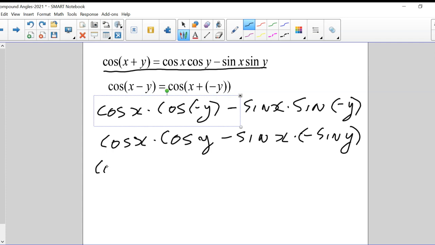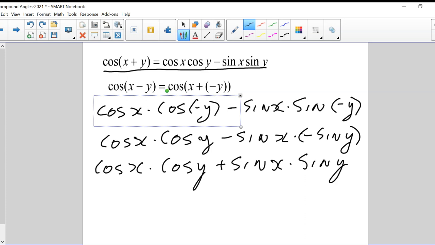So the first part of this is just simply cos x dot cos y. This is a minus times the minus, this becomes plus sine x dot sine y. So all these things are what we call compound angle identities. That's all they are. And I'm showing you how you can use them if you are going from a plus to a minus.